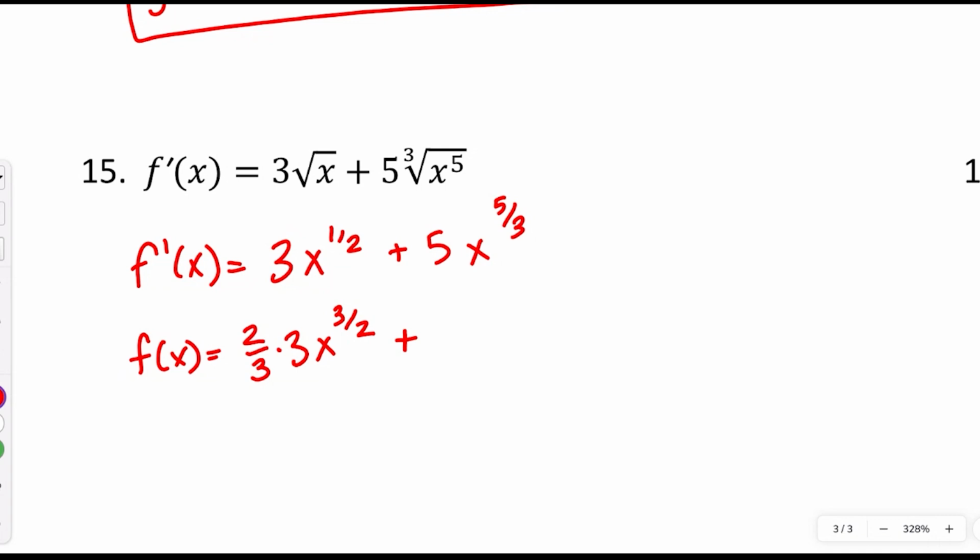Oh, careful. You want to increment first. So, what's 5/3 plus 1? 8/3. Wait, is it 8/3? Yeah, 8/3. So we need to multiply this by what? 3/8. And then have a plus c.